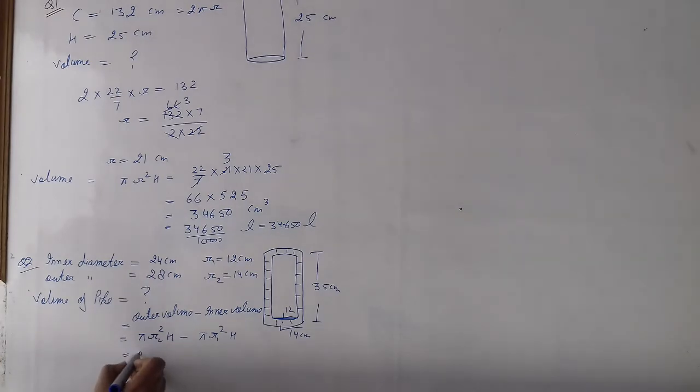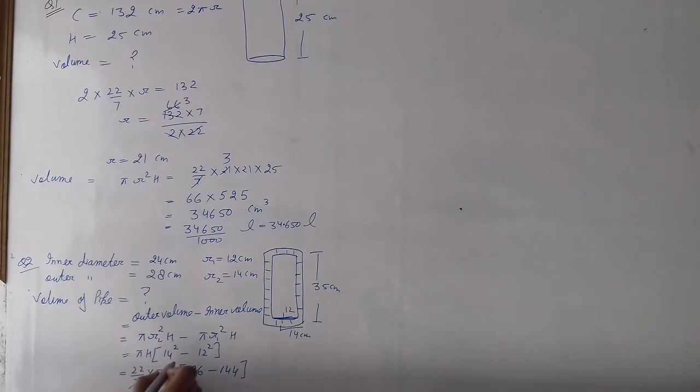So pi and h we can take common. r2 is 14 square minus r1 is 12 square. Pi is 22 upon 7. Height is 35. Now square of 14 and 12 is 196 and 144.